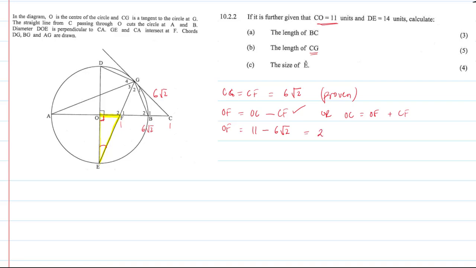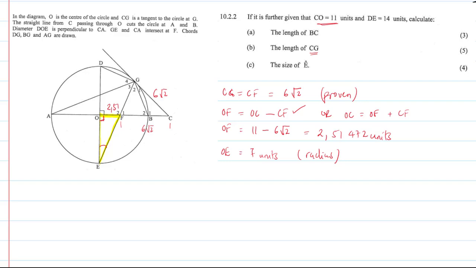If you use your calculator, that's going to give you 2.51472 units. Okay, so it means that distance OF is approximately equal to 2.51. And then I must write here that O to E is equal to 7 units, and that reason is because it's the radius.